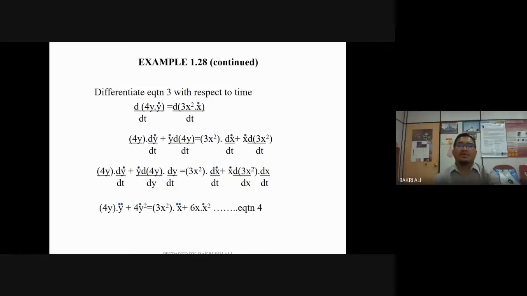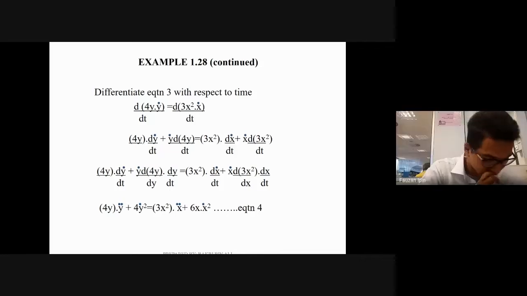On the right hand side, we use 3x squared as u, and dx dot over dt is dv, and x dot as v, and d 3x squared over dt is du. u dv plus v du. Again, 4y must stay there, and dy dot over dt is y double dot, which is the acceleration in y-axis.